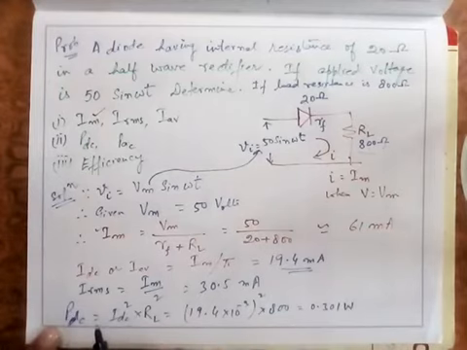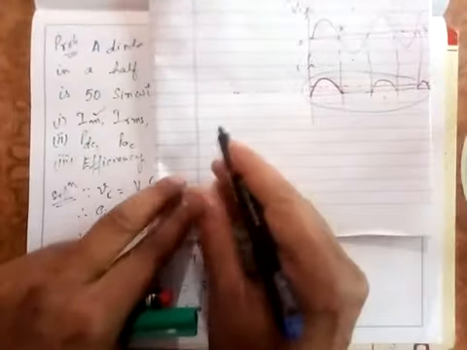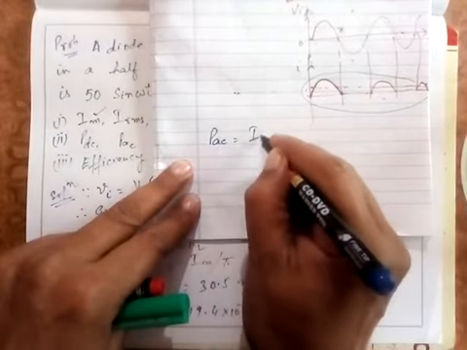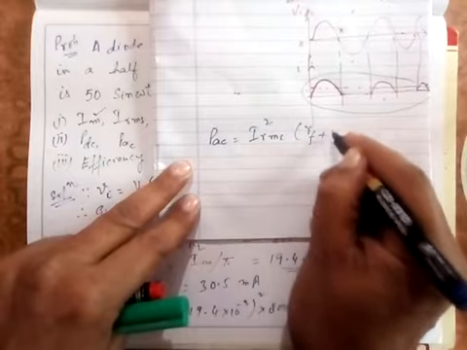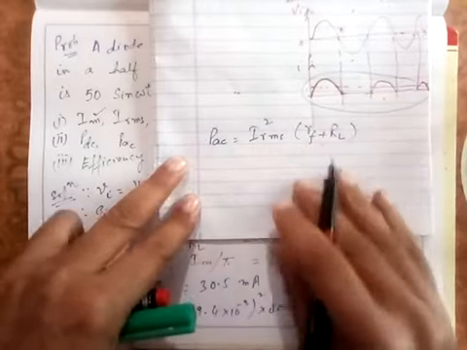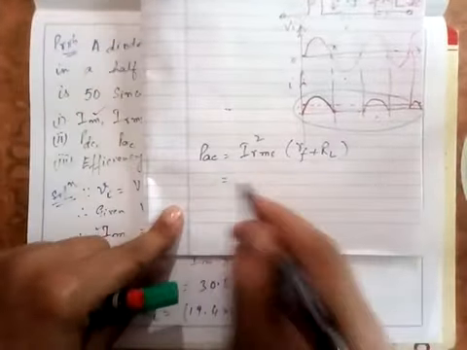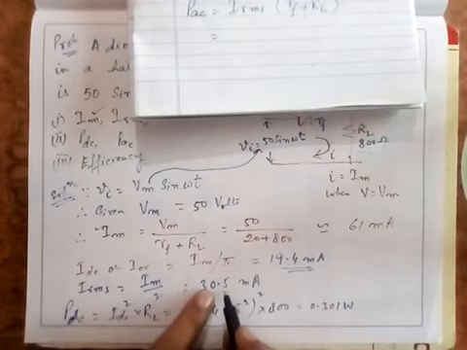So this is PDC. Next part is to find the value of PAC. It is equal to IRMS square into RF plus RL. We have just derived it. IRMS we have just found, it is 30.5.